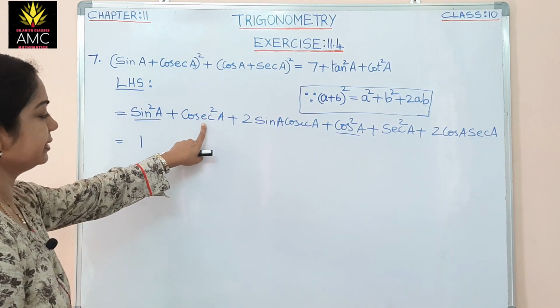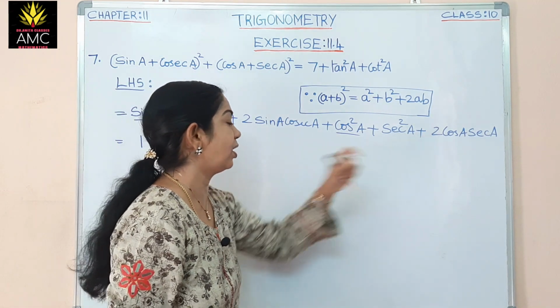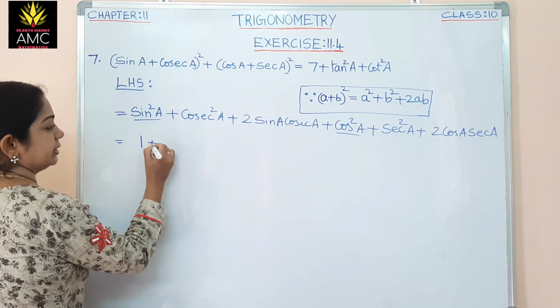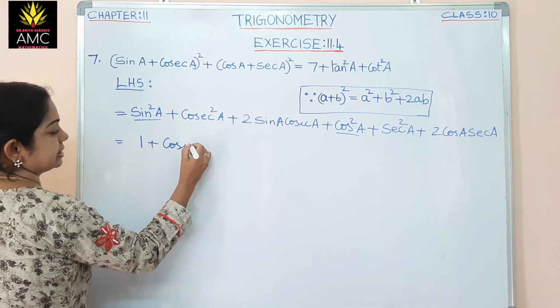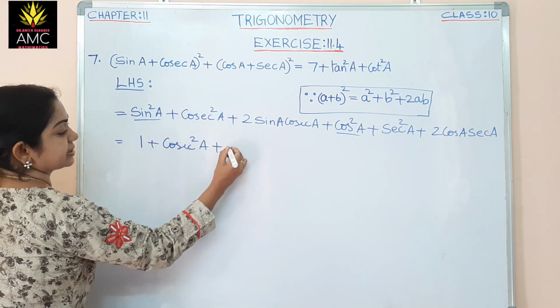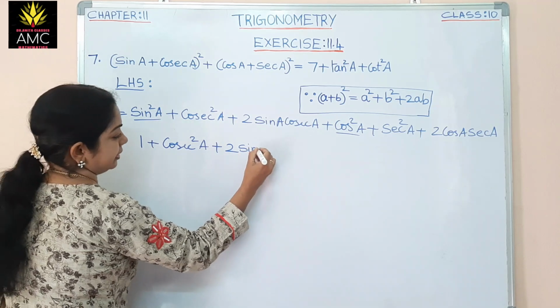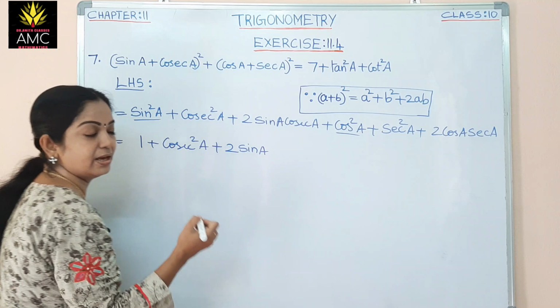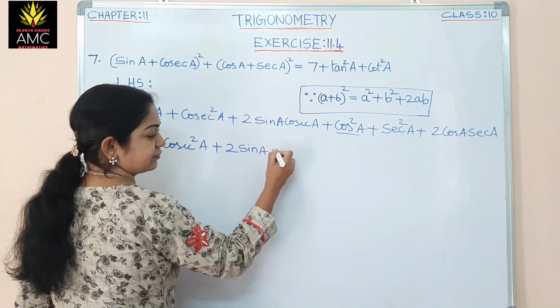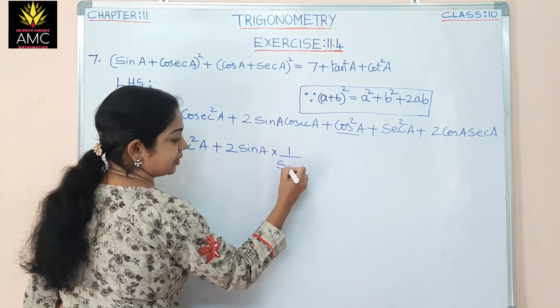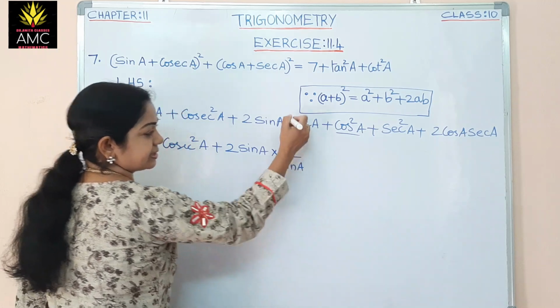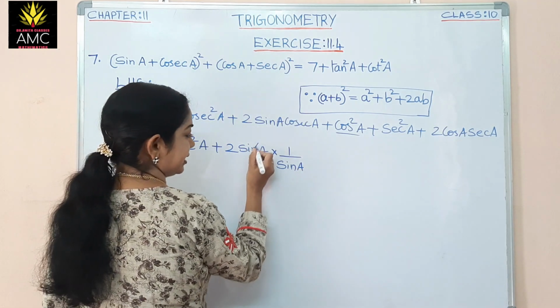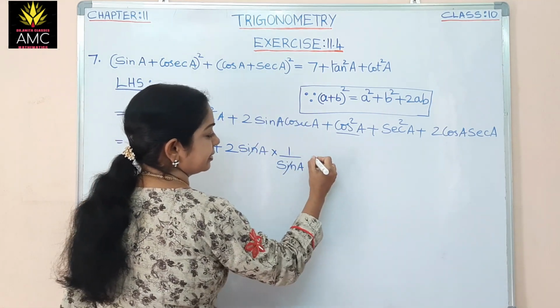And still here cosec is there, sec is there. Also here let me write the same thing, cosec² A plus 2 sin A cosec A. Cosec A is the multiplicative inverse of sin A, so I'll write this as 1 by sin A, the reciprocal, so that I can cancel it off because they are multiplied.